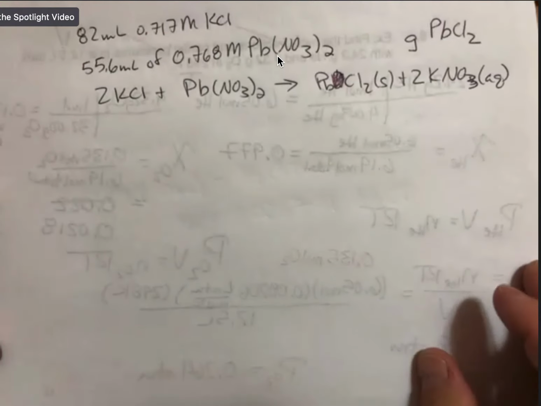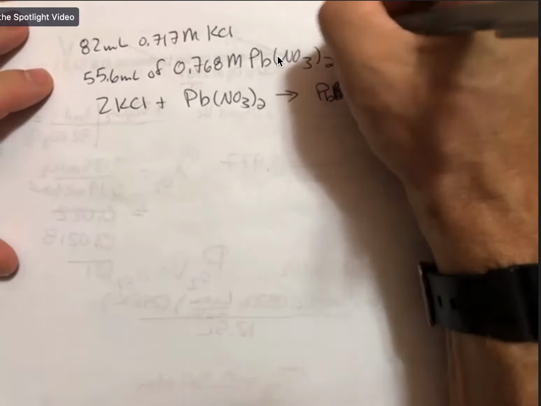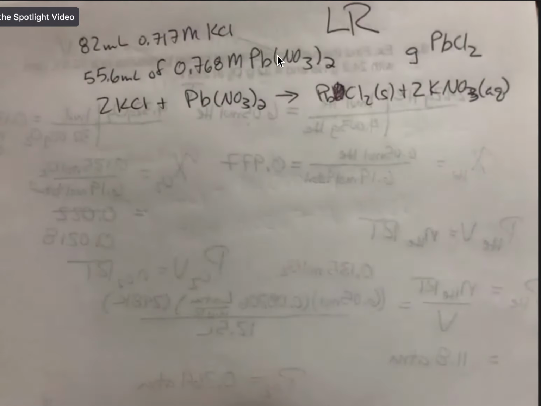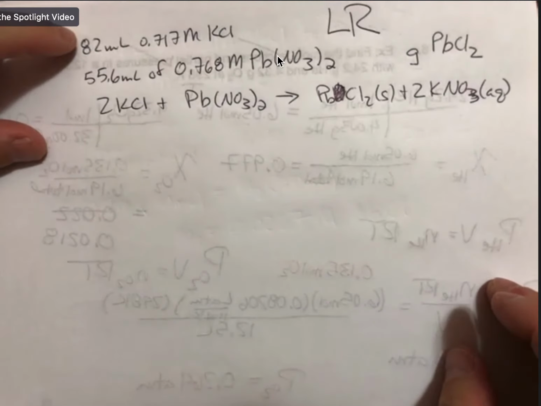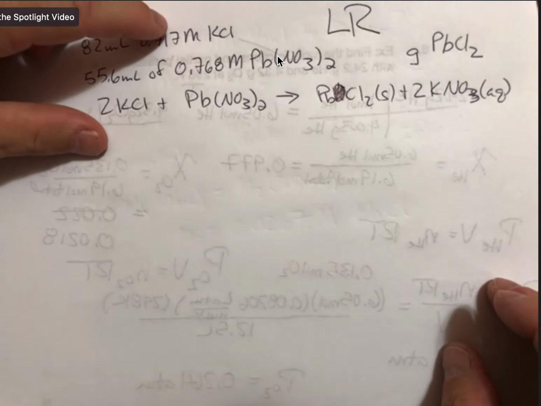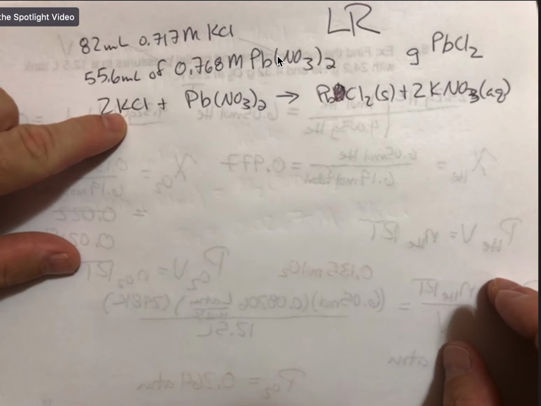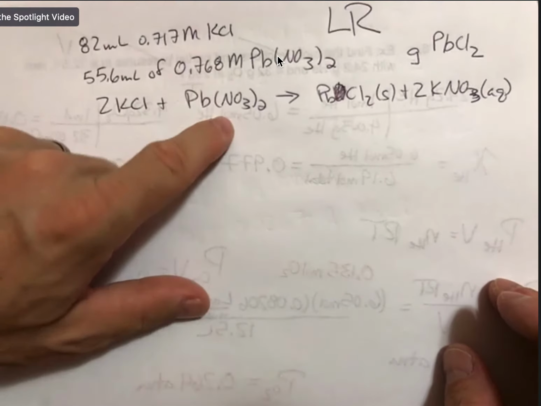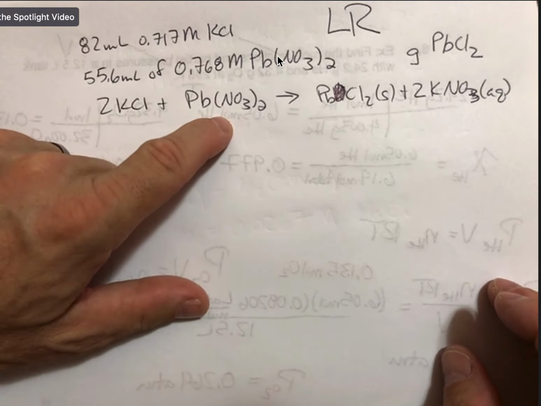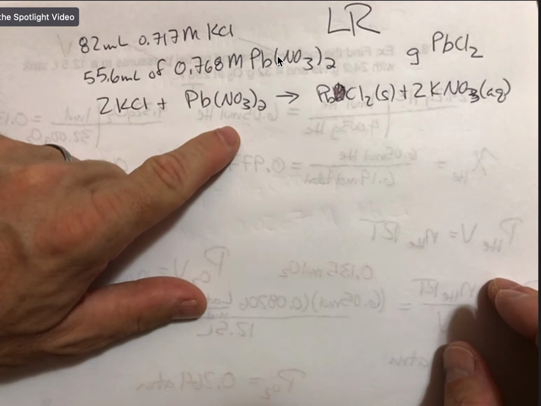My apologies. Okay, so what we said about limiting reactant problems, and this is definitely a limiting reactant problem, is that you get a volume and a molarity, which is enough information to find the moles of potassium chloride. We get a volume and a molarity, and you can find the moles of lead 2 nitrate. So that means we do both.